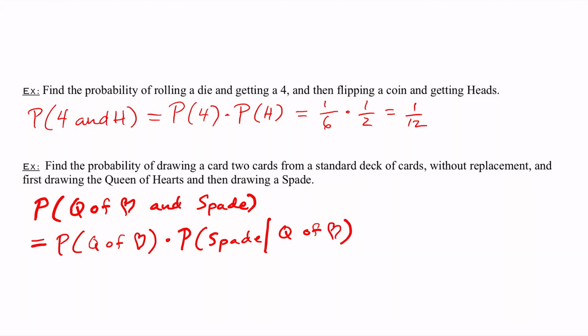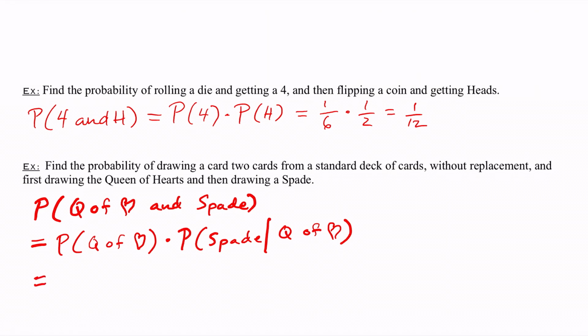And so here we're assuming that the Queen of Hearts was chosen in the first draw, and so we would have one less card in the deck when I go to pick the second card. And in particular, one less Queen of Hearts in the deck.